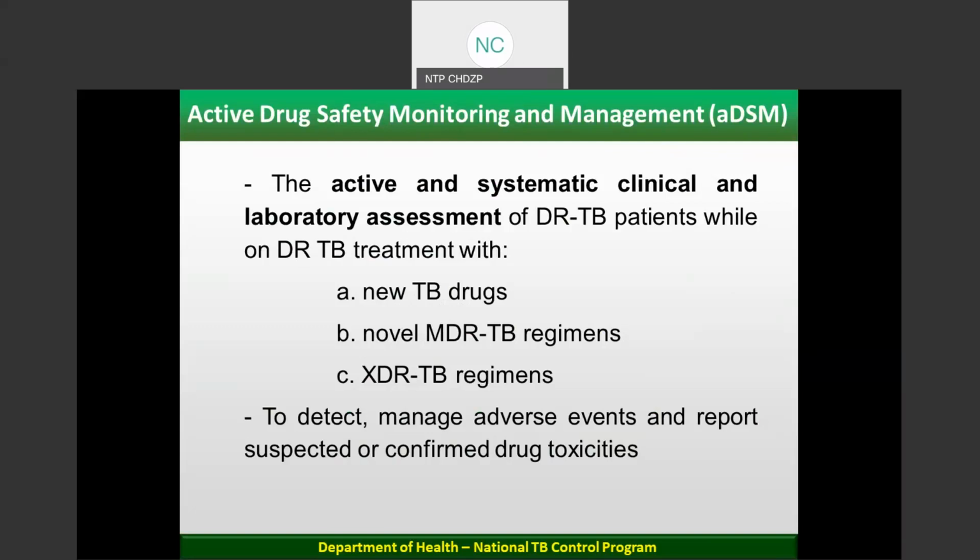Active pharmacovigilance measures must be in place to ensure early detection and proper management of adverse drug reactions and potential interactions with other drugs. And number 5, informed consent. Patients must be fully aware of the potential benefits and harms of the new drugs and give informed consent before embarking on the treatment. These are the 5 conditions that should be in place when using the new TB drugs.